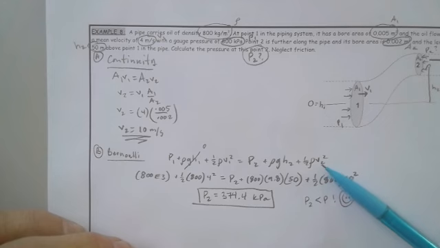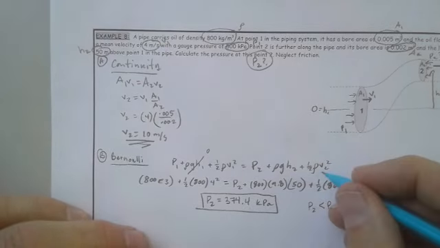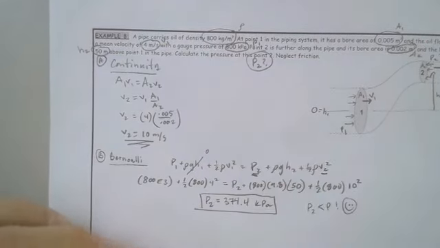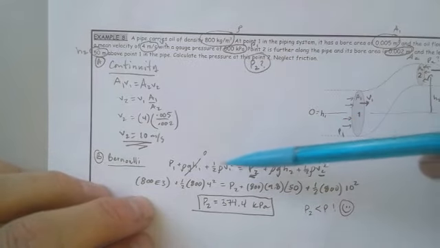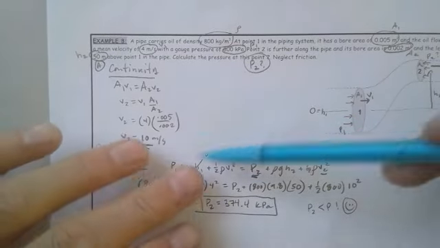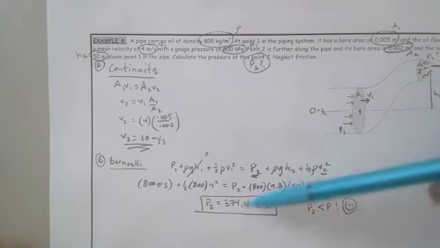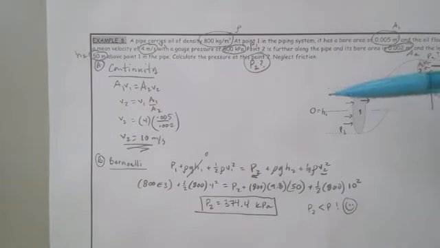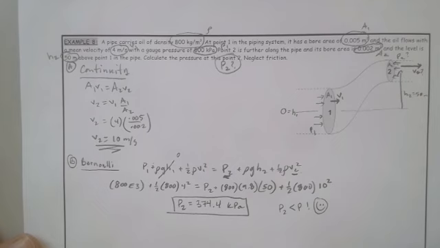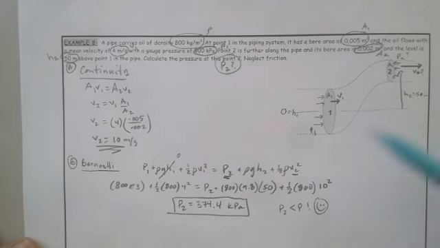And we didn't know pressure, so we used our second equation, Bernoulli. We took this and put it in here, and we have one equation and one unknown now, and we can solve. Hopefully that gives you an insight into how to use the continuity equation along with Bernoulli to solve for things about a fluid flow. Thanks, everybody.